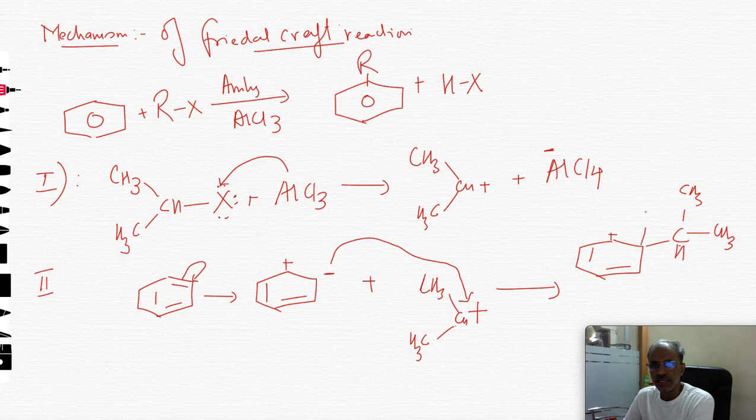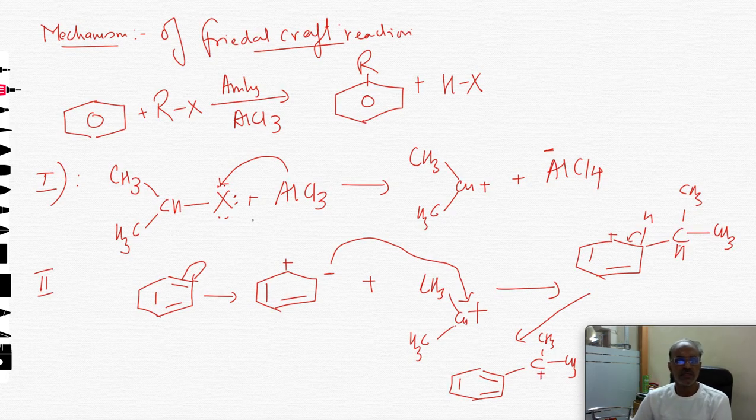Now this hydrogen is there, which undergoes aromaticity. This is CH3, this is CH3. Fine. So the first step happens to be the attack of AlCl3 on the alkyl halide, leading to formation of a positively charged carbon, that is a carbocation, and then AlCl4 minus.